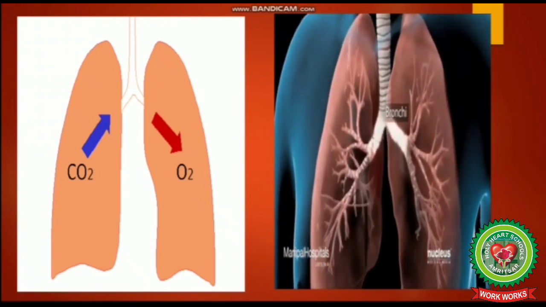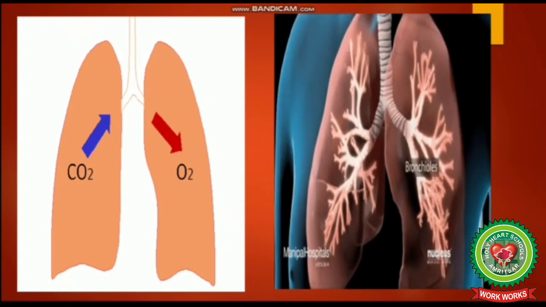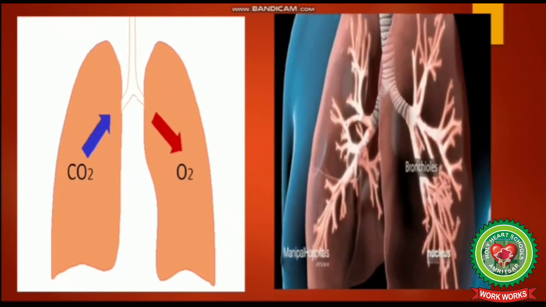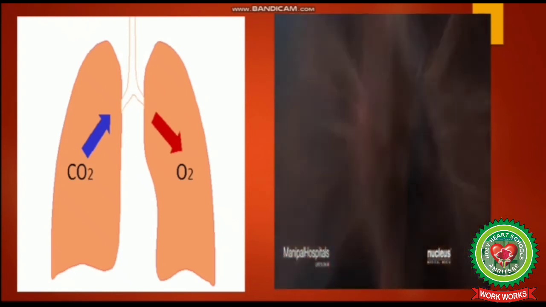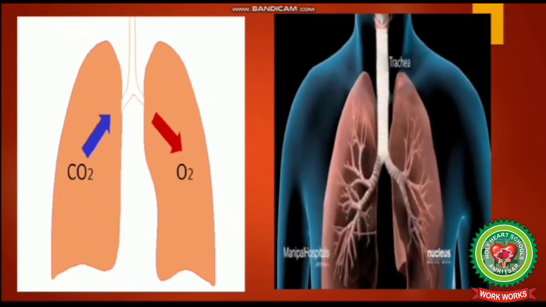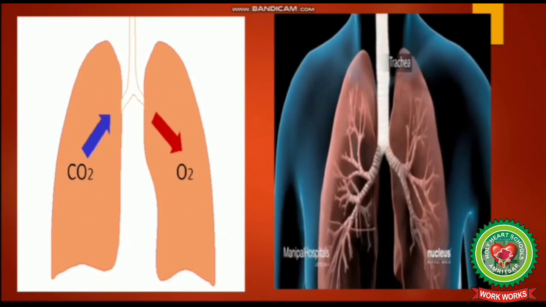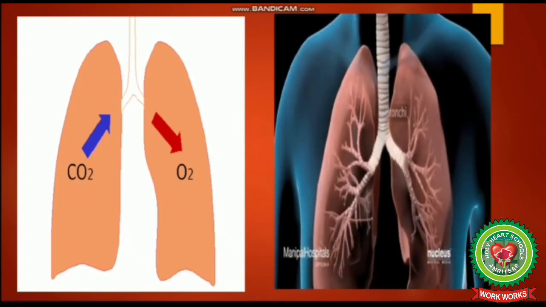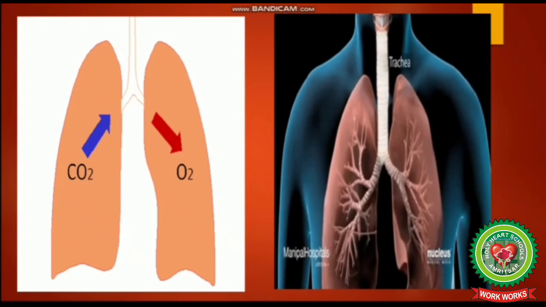Air passes through the windpipe to the lungs, and then the lungs take this oxygen and return carbon dioxide, which goes out of the body through the same route.